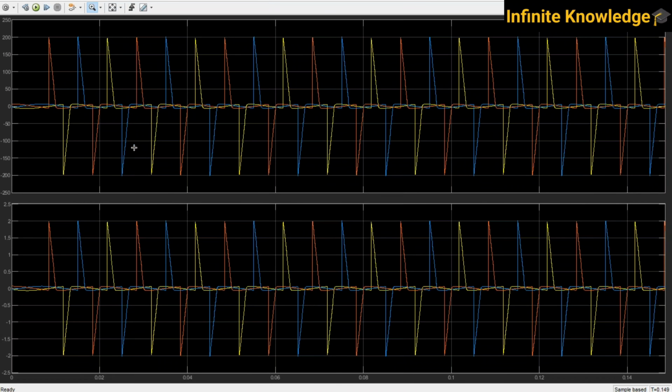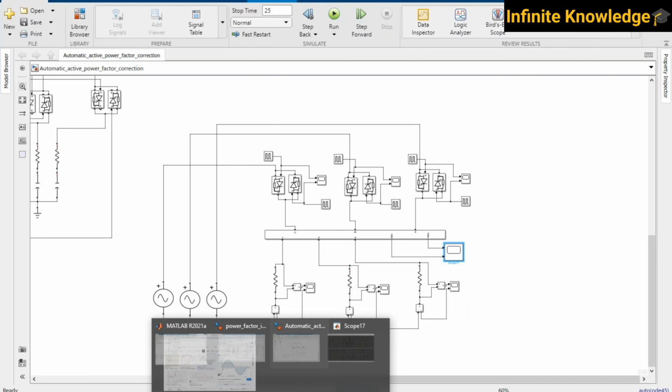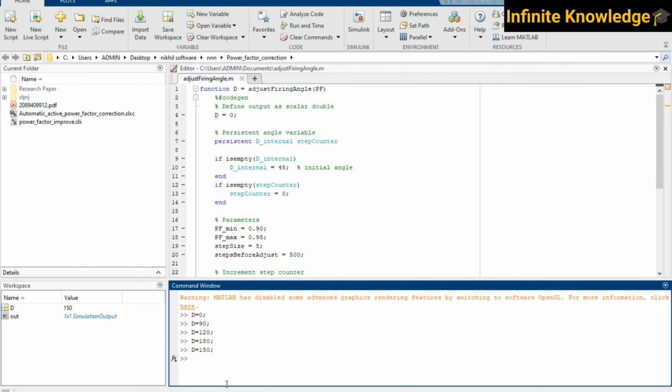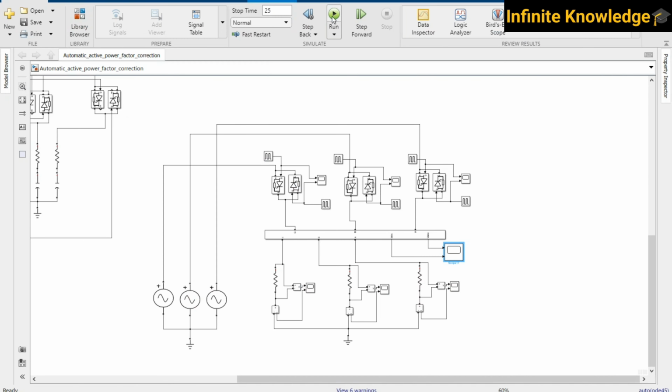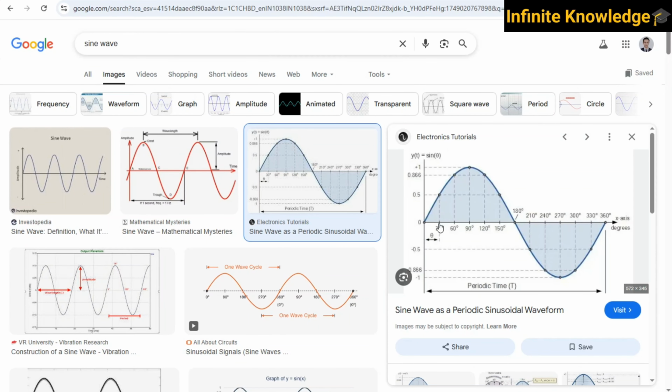So as you change the value of d, your pulse width will change. Again I set it to 30 degrees. It means your waveform width will increase, and now you are firing at 30 degrees, so this is the waveform that you get from 30 to 180.